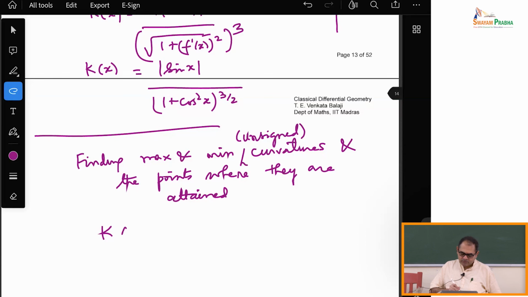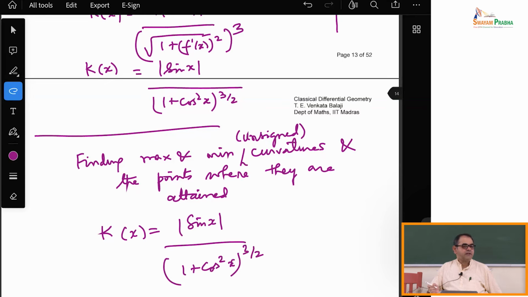So you have to look at this function: k(x) equals mod sin x over (1 plus cos squared x) to the power of 3 by 2. In this case you can use calculus to find maxima and minima, but you don't really have to, because looking at the functions involved, for this to be a maximum the numerator has to be a maximum and the denominator has to be a minimum, and that happens.